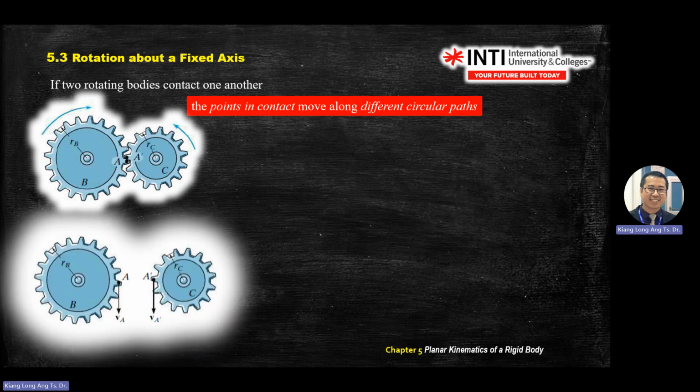So if you break these two gears, you will see this diagram. This will be the so-called free body diagram for a rigid body. You break the object, then you see how it rotates. You break this system into two objects. Then you look at the interest point.